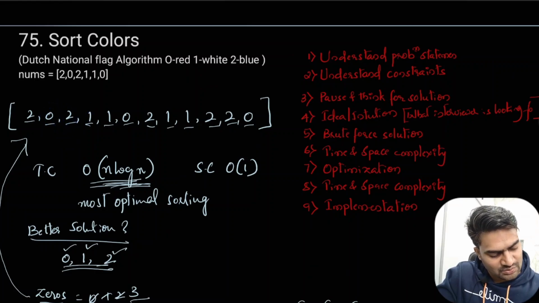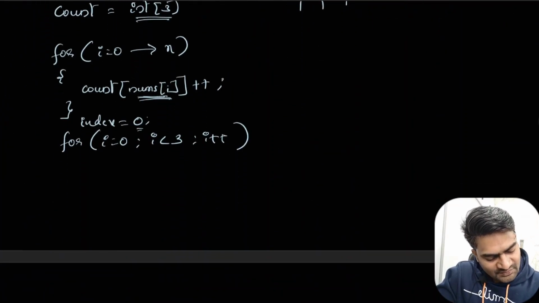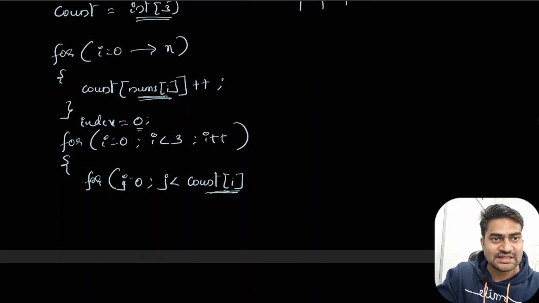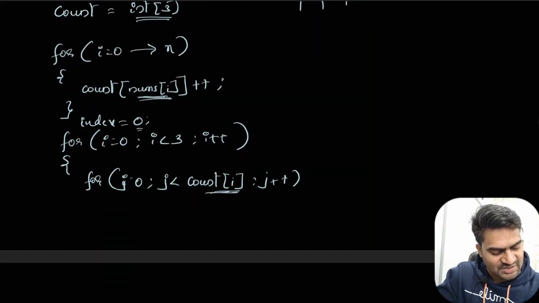Then I will iterate for j equal to 0. This is one more pointer. j less than count of i. So i is basically the count of 0, 1 and 2. Then j plus plus.